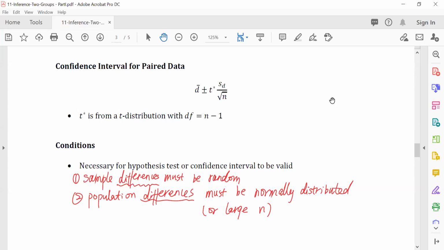So this is the theoretical step of how we are going to construct the confidence interval for pair data and how we are going to perform the hypothesis test for pair data.